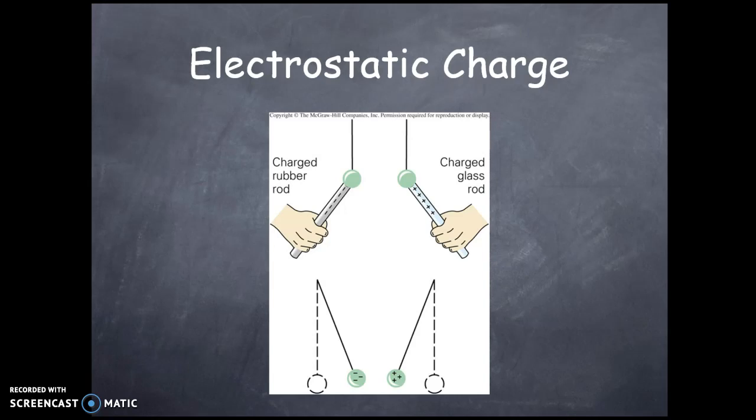At the same time, if you take a glass rod that was positively charged, then after a while you will see that the plastic ball would have got a positive charge. Since one of the plastic balls is negative and the other plastic ball is positive, and as we already know that unlike charges attract each other, both the plastic balls will be pulled together as if they are attracting each other.